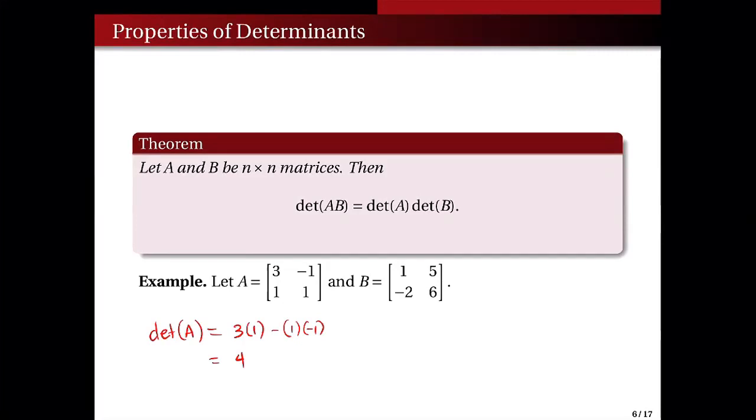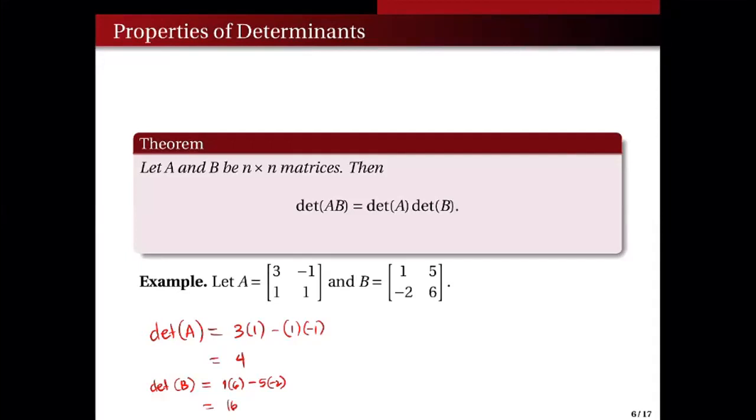And then we get the determinant of B. You have 1 times 6 minus 5 times negative 2. And this is equal to 16.